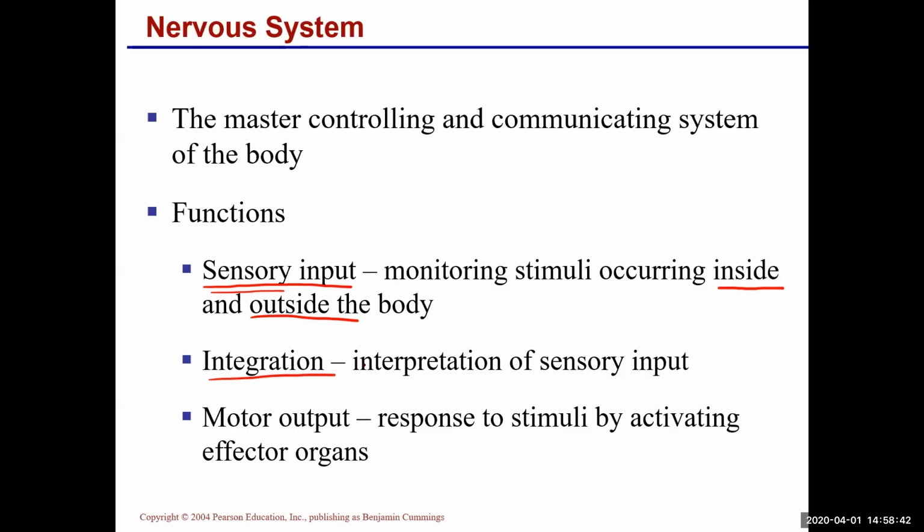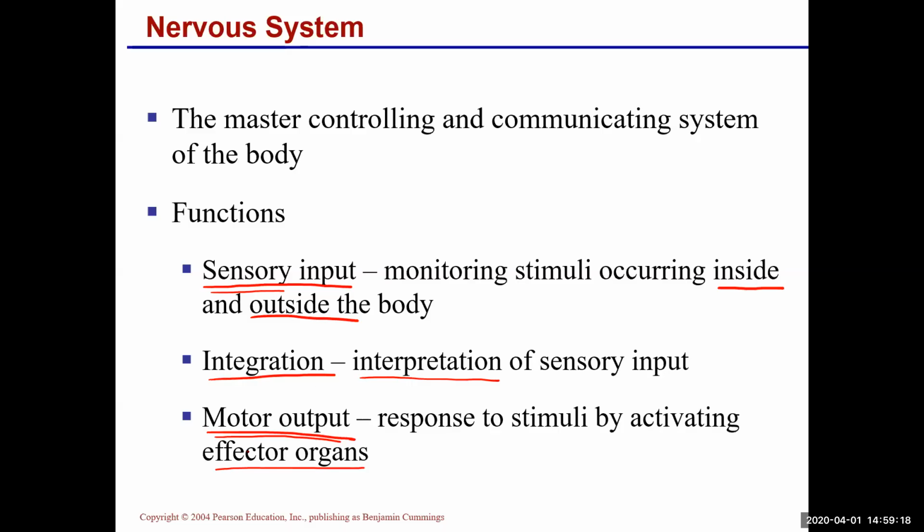So these are interpretations. And the next one is motor output. Motor output: they respond to the stimulation by activating effector organs. And we discussed this already. Effector organs would be, let's say, a skeletal muscle. You see a bright light, all of a sudden, your pupil is going to contract. Your pupillary muscles are the effector cells, effector organs, I should say. So these are the motor output.